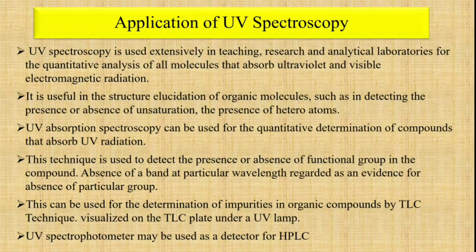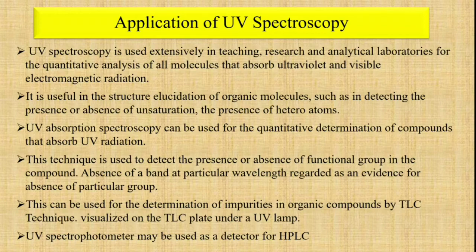It is used to detect functional groups also. This technique is used to detect the presence of chromophores. If a particular band is absent at a particular wavelength, that indicates the absence of that group in the compound.